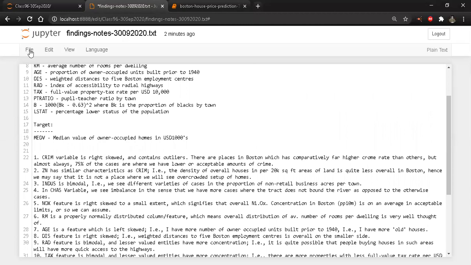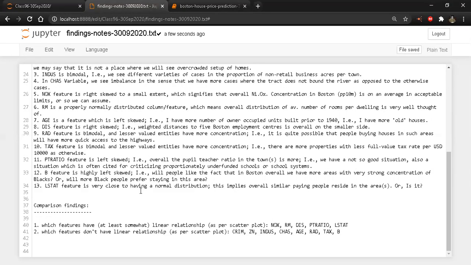So the more the status goes lower with respect to job, or the kind of salary people might be getting, obviously they will not be able to buy such big houses, right? So maybe their houses are going to be small. So overall, this is what I find.